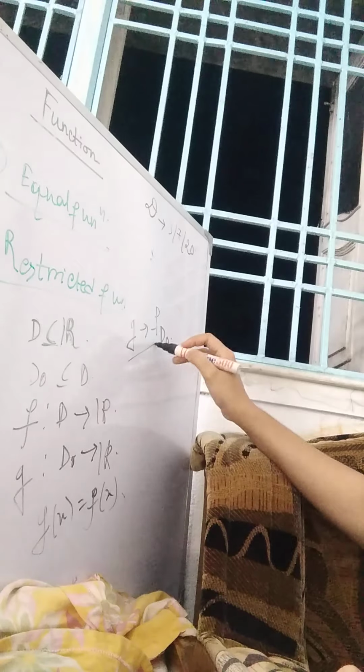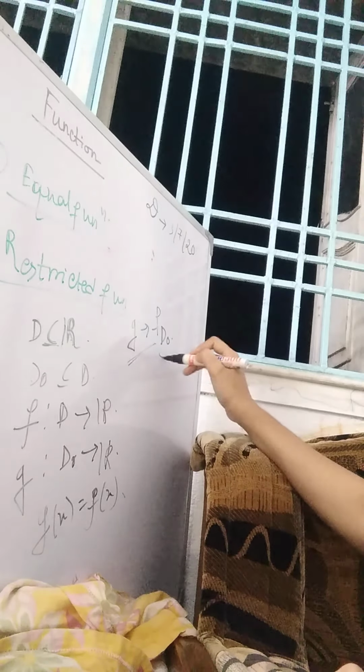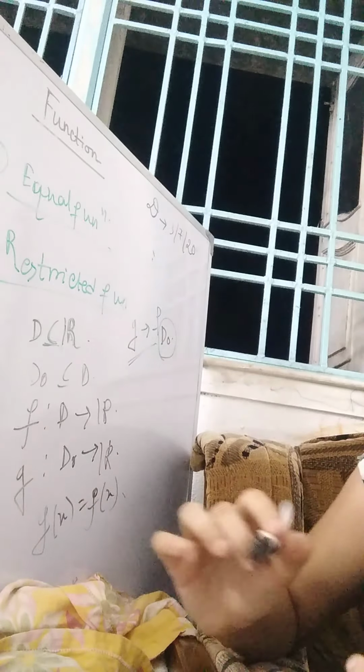That means the function is restricted to D0. These are the two types of functions.